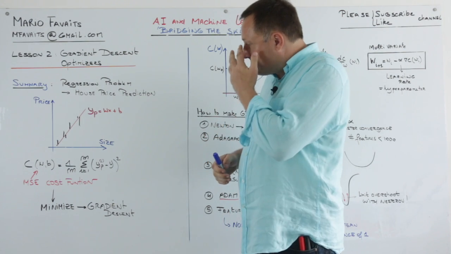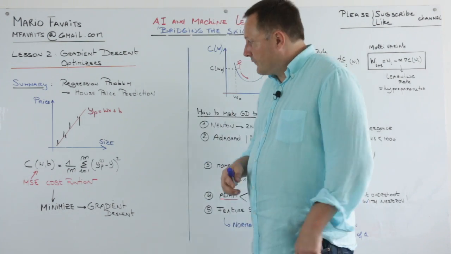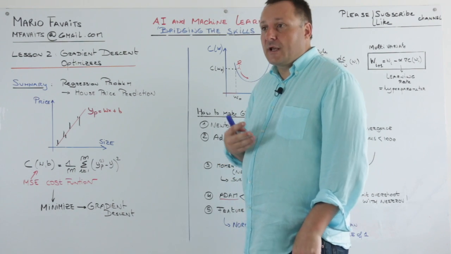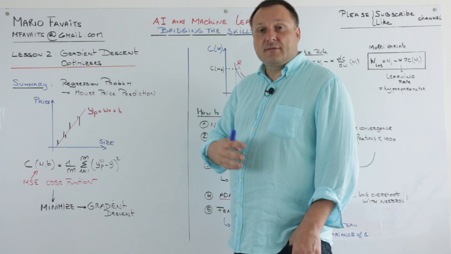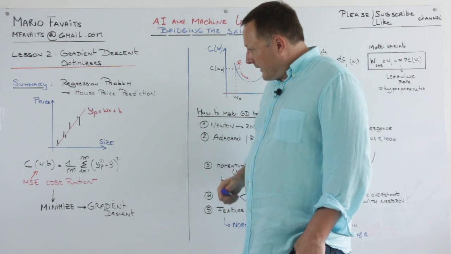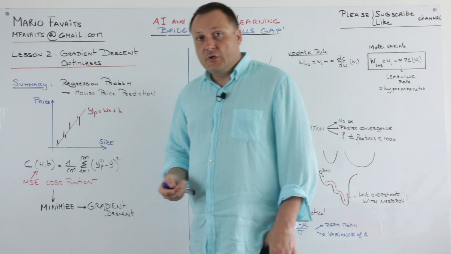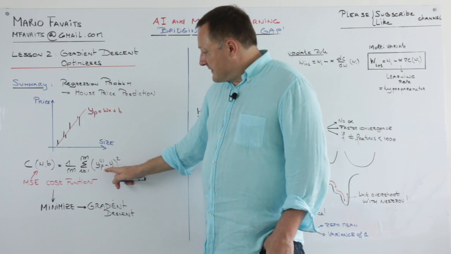And in order to do that, we defined a cost function. Yeah? A cost function that would actually give us a penalty when the true y is not equal to the predicted y. Yeah? And this is the cost function we found. We call this the mean squared error. And this is the error.